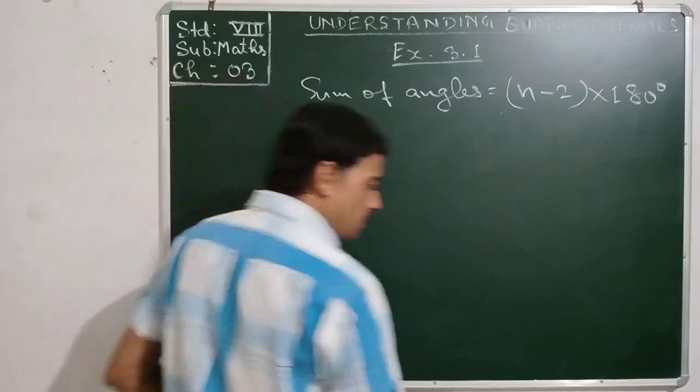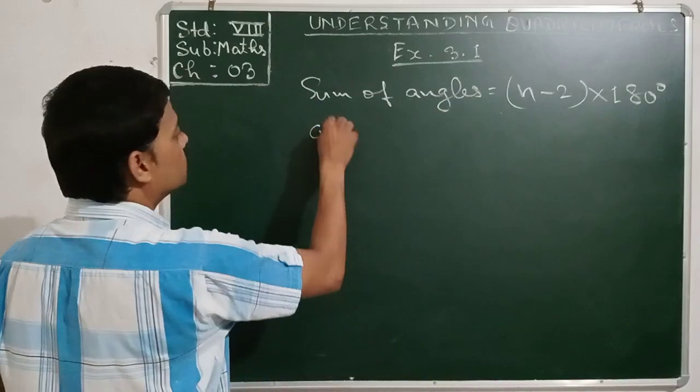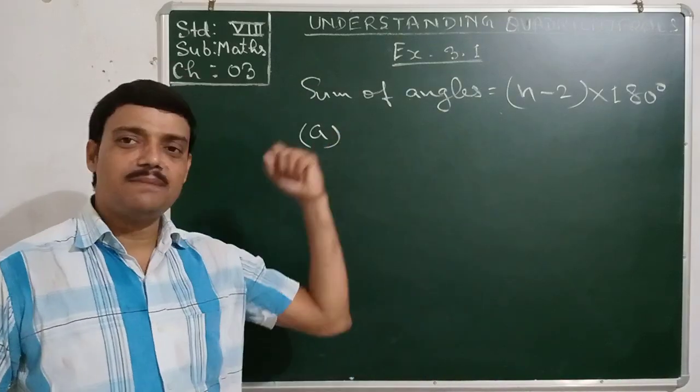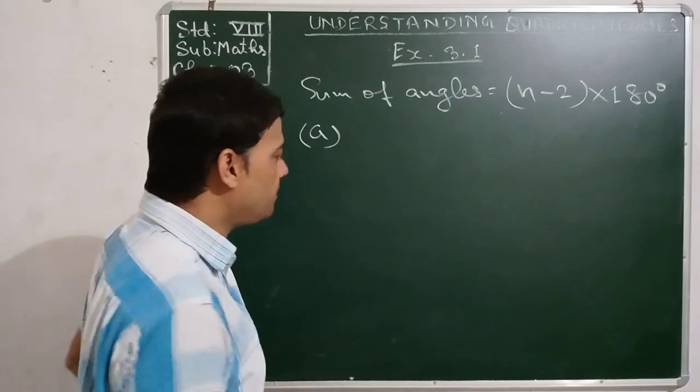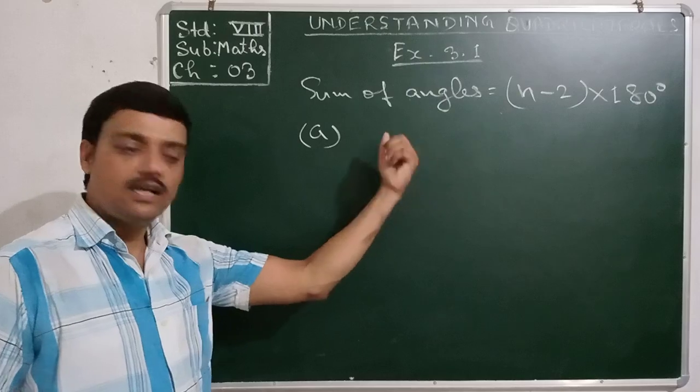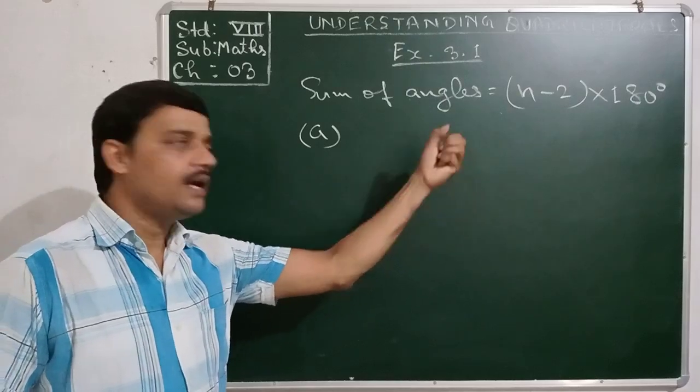So take the first one. By the given examples also you will get the same result. It verifies there also in the given examples in case of triangle, quadrilaterals, pentagon and hexagons.